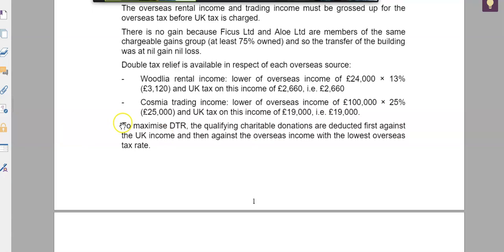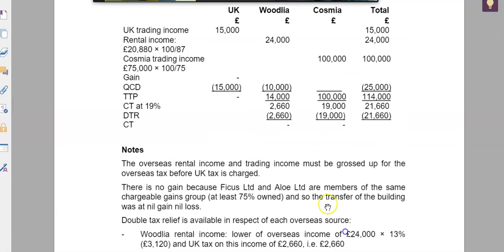Here it is written: to maximize DTR, the qualifying charitable contributions are deducted first against the UK income and then against the overseas income. So UK income was only 15,000, so first we deduct it there, and then from here. The resulting TTP of the overseas income was 14,000, and if we multiply it with 19%, it would have given us this amount.